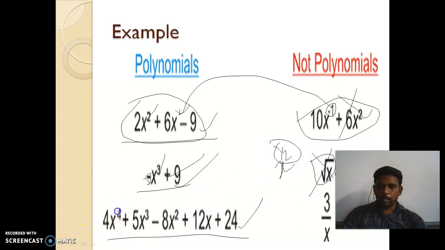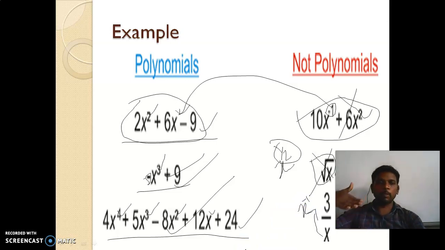And what about here? Powers 4, 3, 2 and 1. Therefore everything is a whole number, so that is a polynomial. And what about here? 3 by x plus 5. If we bring that x to the numerator, what will happen? x to the power minus 1. We find the power in the numerator by transposing all the variables into the numerator.